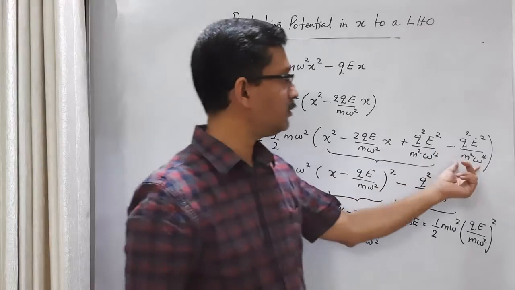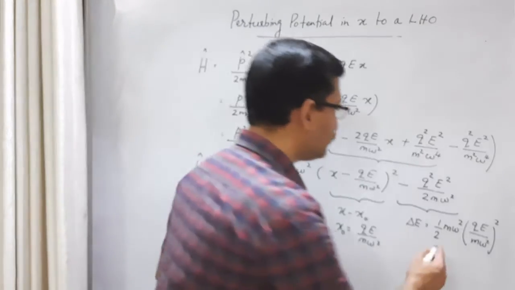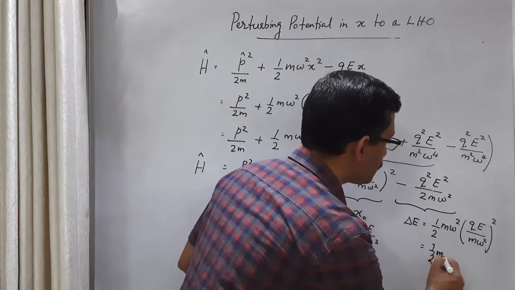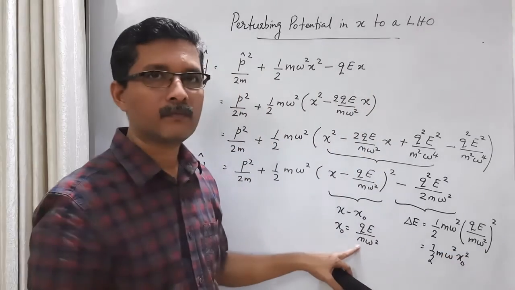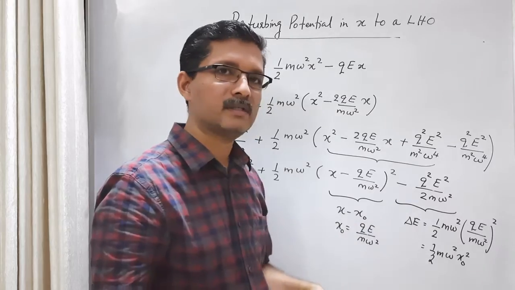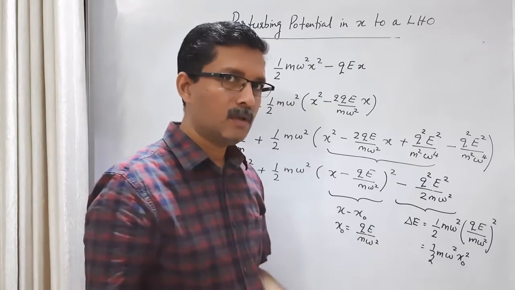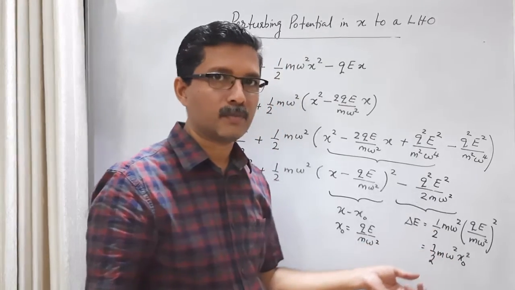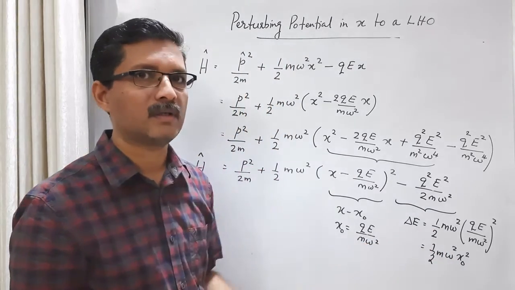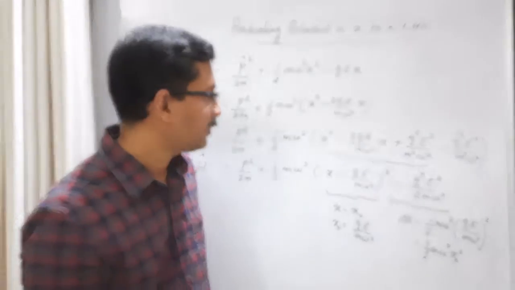Now this is nothing but half m omega square x0 square. So this decrease in total energy is equal to the potential energy corresponding to the shift in the mean position.